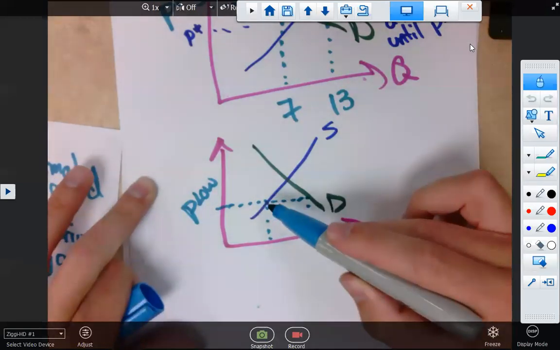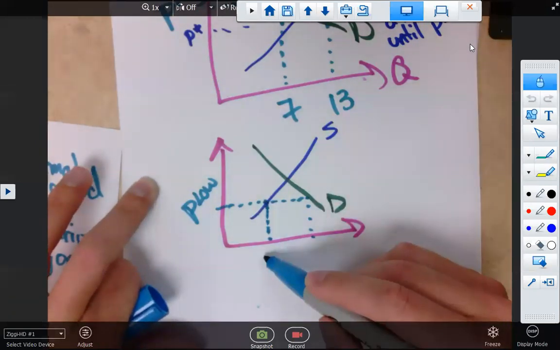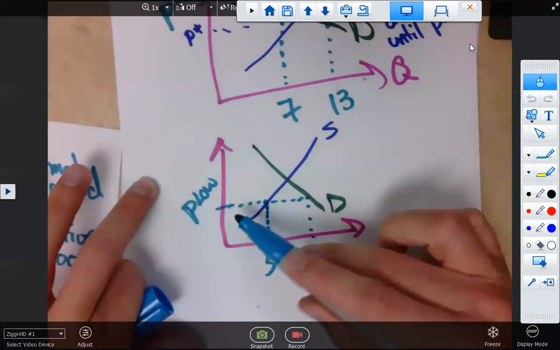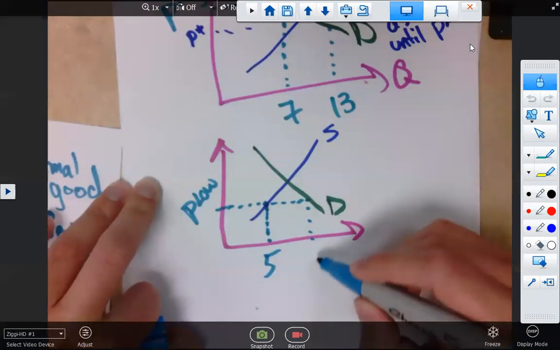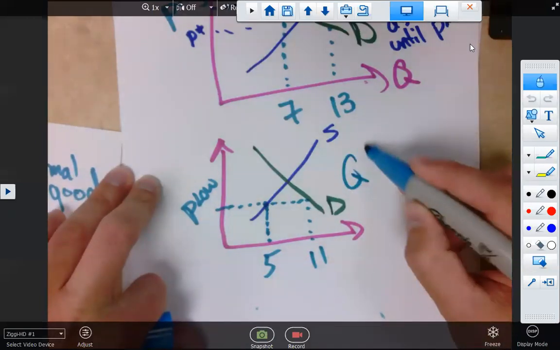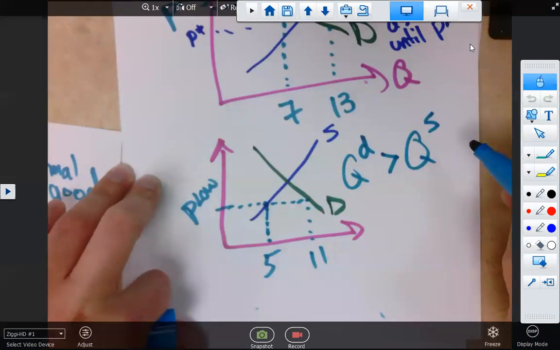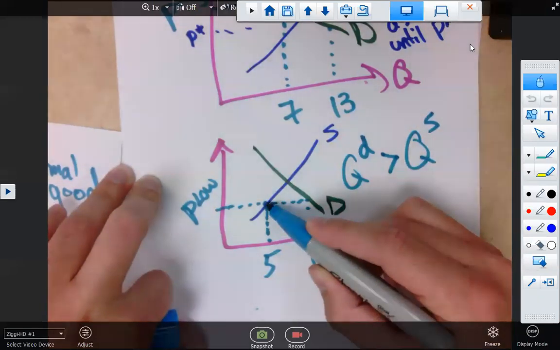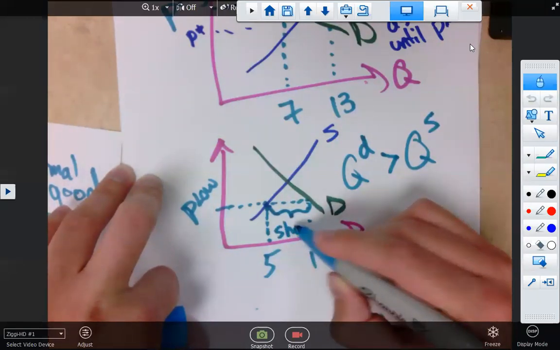So again, we just do a reflection off of this supply, just like it's a mirror, and we'd say, okay, that looks like 5 units. And then we do a reflection off the demand, and again, I'm just making these numbers up, right? This is going to be 11 units. So the quantity demanded is greater than the quantity supplied, which means we have a what? A shortage. Very good.